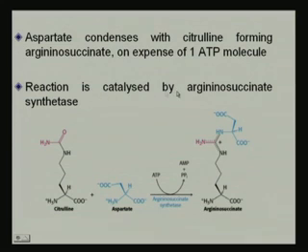This reaction is catalyzed by the arginosuccinate synthetase enzyme.